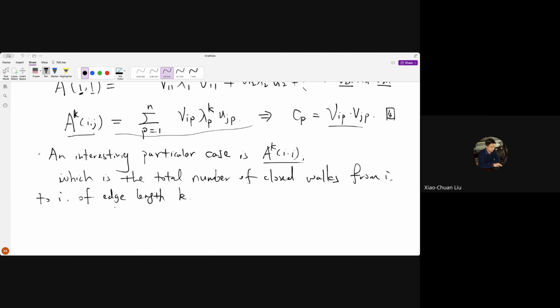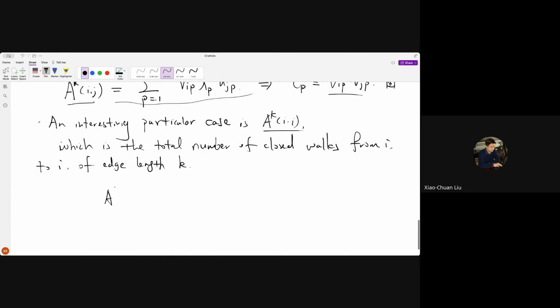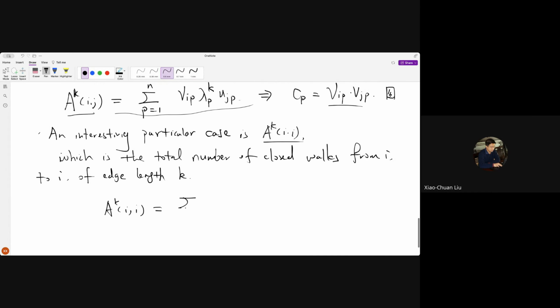Okay, so it has a meaning. It counts closed walks. And by the second theorem, the theorem I just showed, A^k_ii is the sum p from 1 to n of v_ip squared, because i equals j here, times lambda p to the power of k.